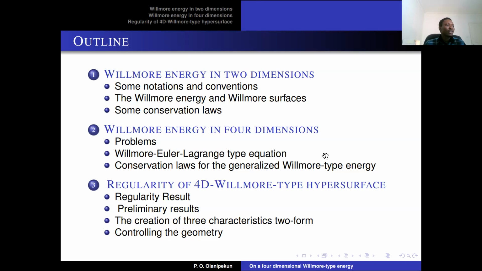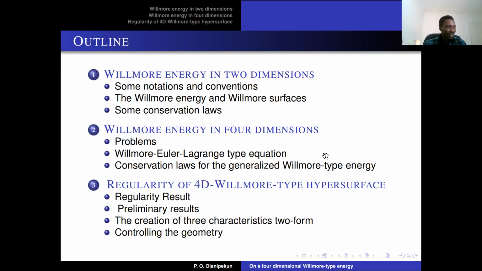And then I'll talk about the Willmore-Lagrange type equation associated with the 4-dimensional Willmore type energy. And then, of course, I'll present the conservation laws associated with this energy. And because we are not just interested in the computations, we want to actually see what's happening, or understand the critical points of this energy from an analytical perspective.